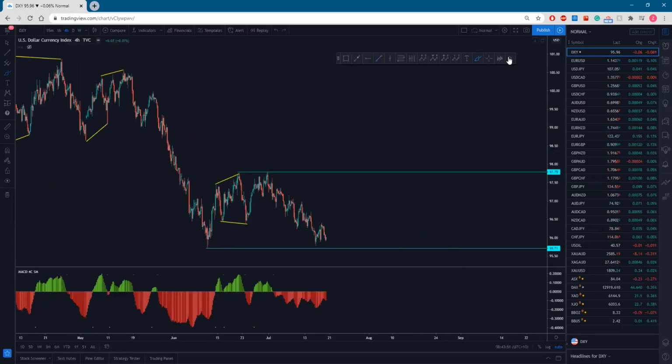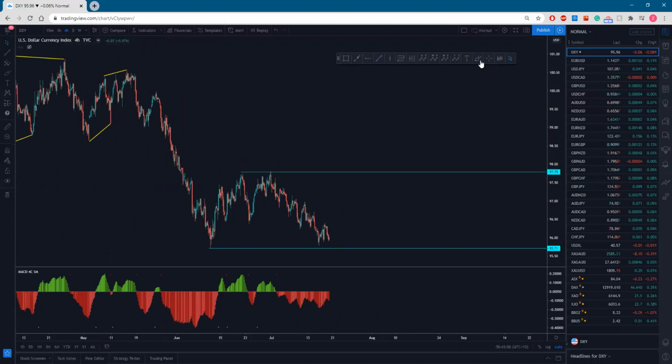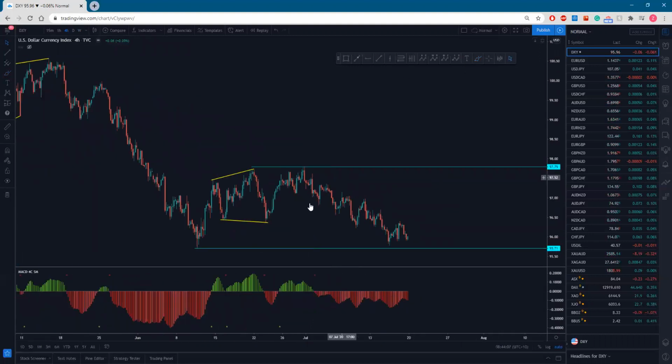Or that this is our A, this is our B, we come back for a C with more downside to come. At the moment, the way that the waves have played out, it does look like this is actually complete.